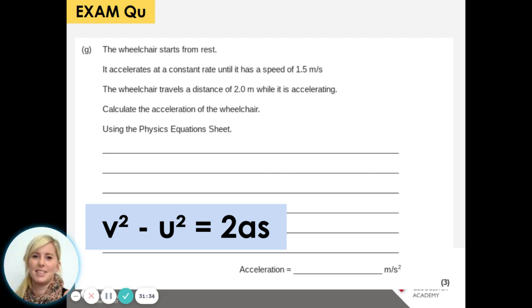So we know it's 2 times question mark for a times 2 for the distance. Just like the previous example, we need to have the a for acceleration on its own. So we move that 2 times 2 over to the other side, and we do divided by 2 times 2. I'll just give you a moment to work all that out. So pause the video and come back.